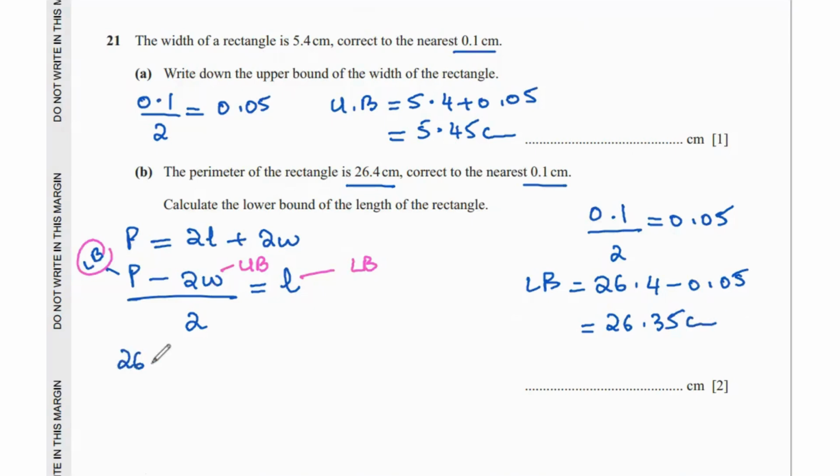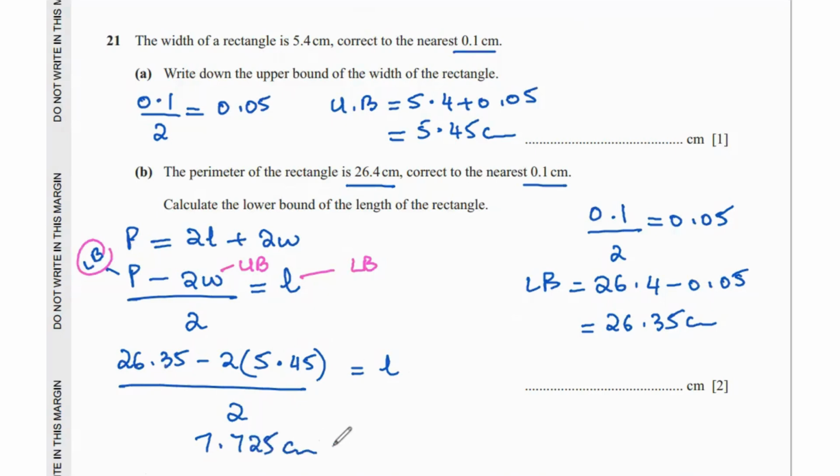So 26.35 minus 2 times 5.45. We already have the upper bound of the width. Divide the result by 2. And that is going to give us 7.725 centimeters. That's the lower bound of the length.